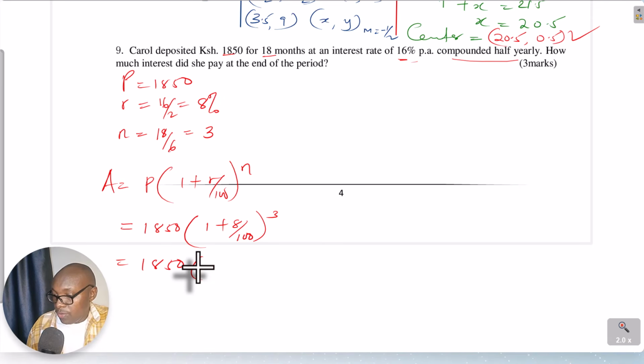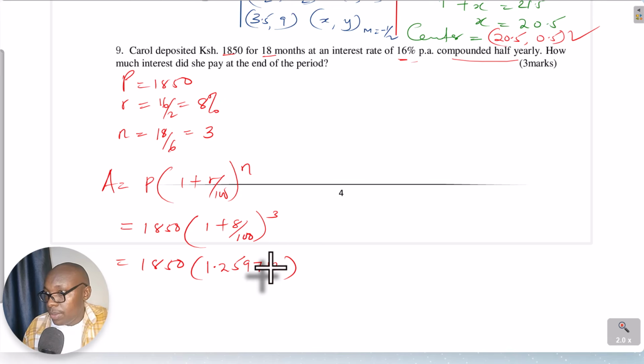We get the cube of that, which is 1.259712. So I have got 1 plus 0.08, then I cube that. Then when you multiply this one by 1850, you get 2330 and 47 cents. So that is the amount.